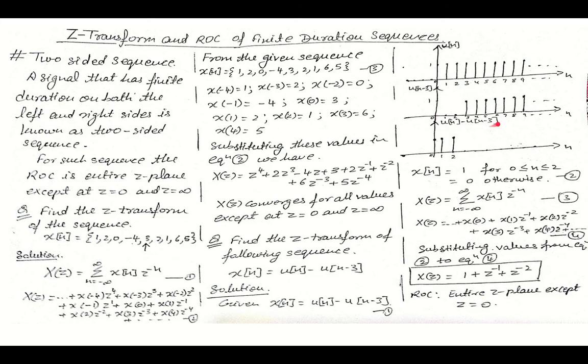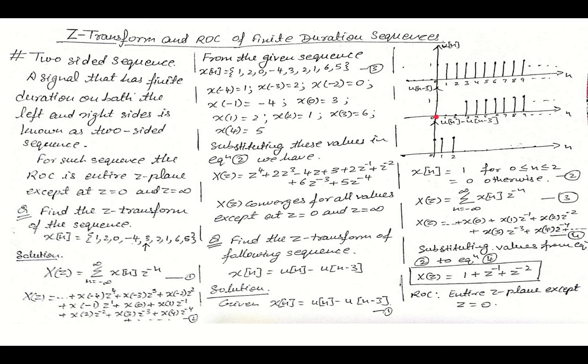If I subtract u[n minus 3] from u[n], it will ultimately subtract all the values from 3 towards the positive side of n, towards infinity. The only values that will be left will be at 0, 1 and 2, since in u[n minus 3] their value is 0.